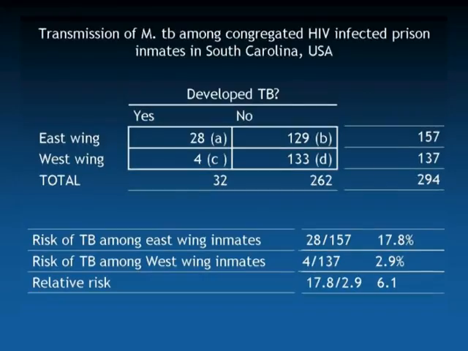The example is about transmission of MTB among congregated HIV infected persons, prison inmates in USA. The study was done in one of the prisons where HIV positive individuals were kept.